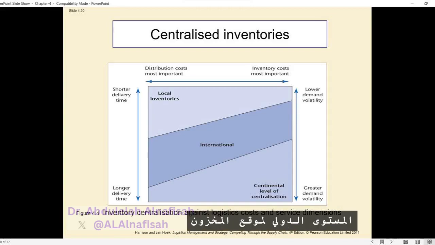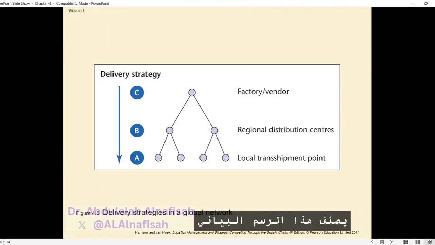International level of inventory location is more suitable when both distribution and inventory costs are equally important and when demand volatility is moderate.